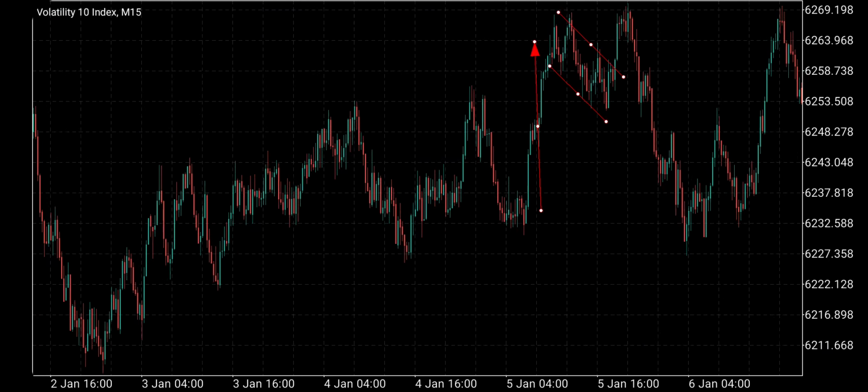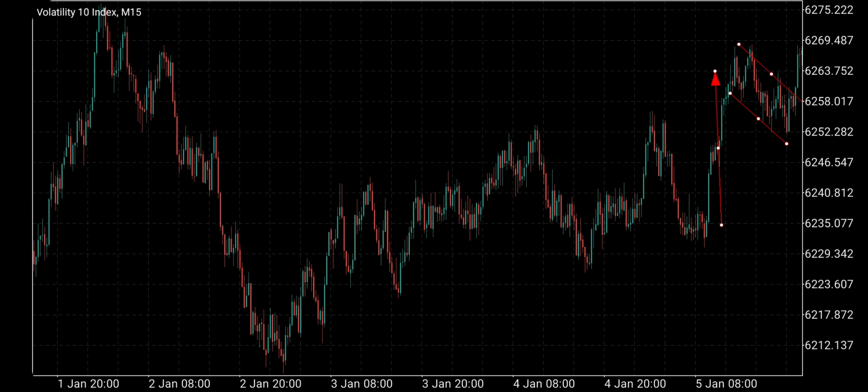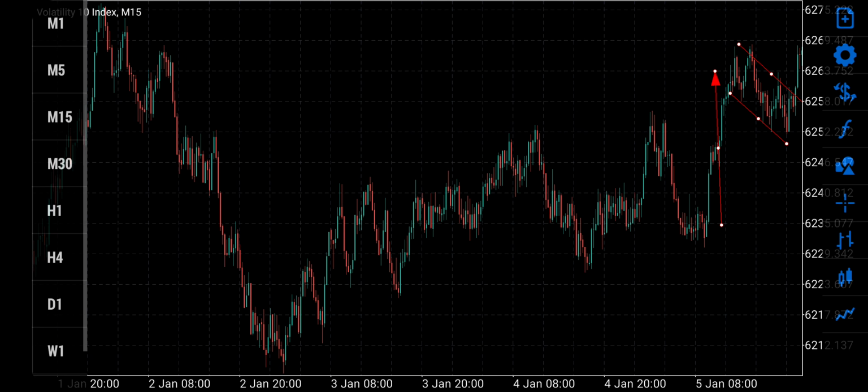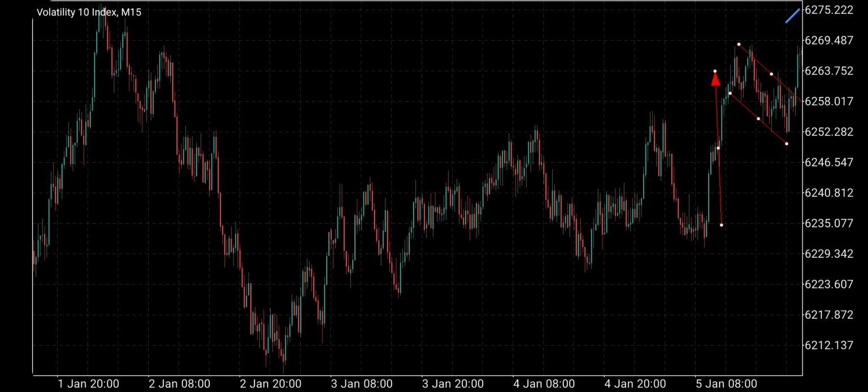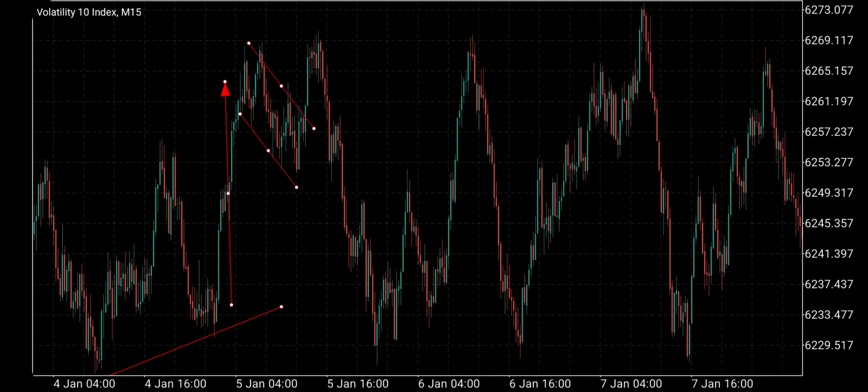We are somewhere here. Y'all understand, right? So you would have drawn your trend lines like that, and this was your trend line. It was acting as a resistance point, so it bounced back from there and it's going up. You understand? So you already know what I mean when I say a breakout.